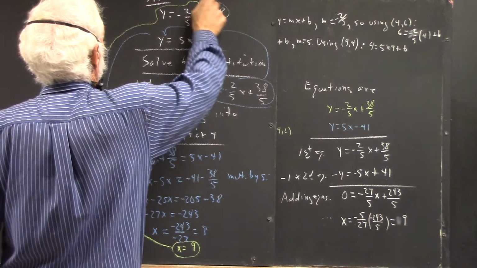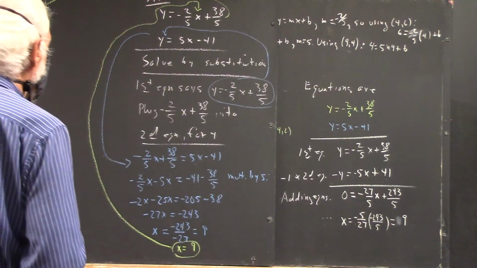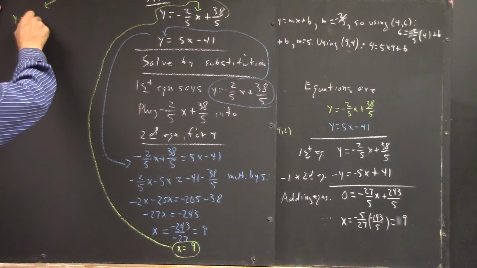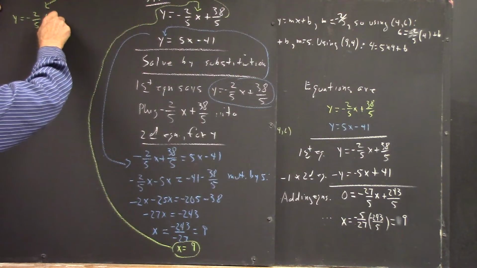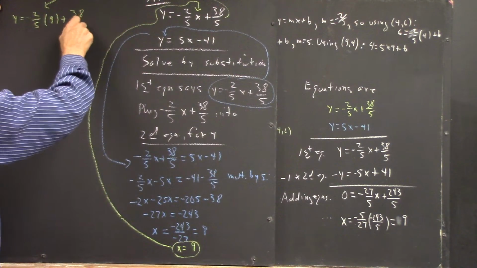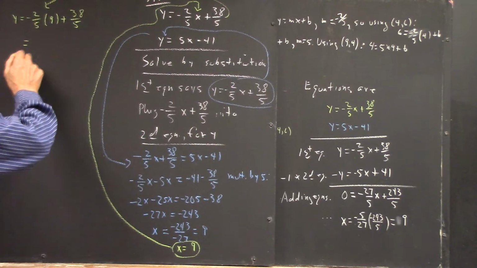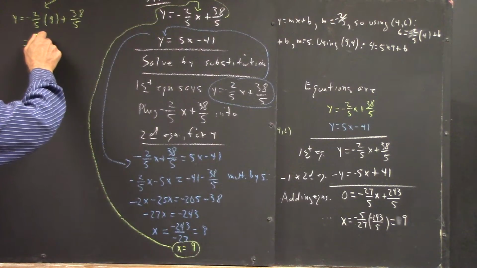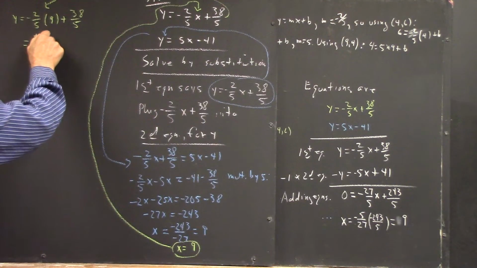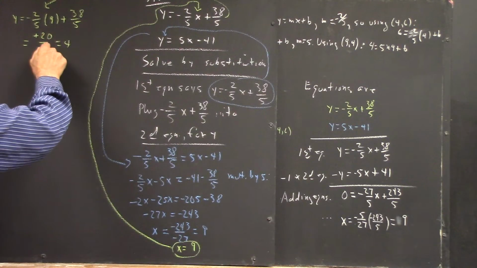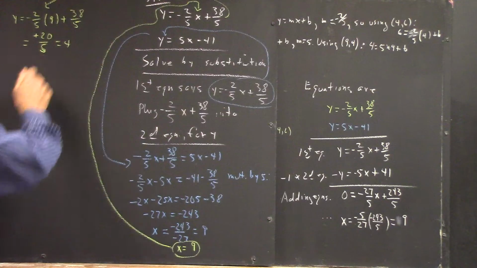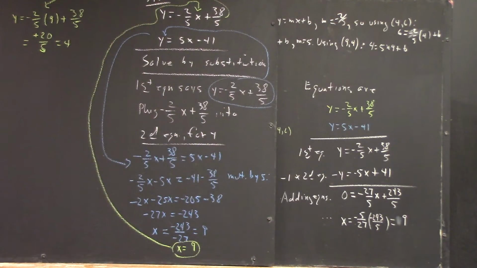And that gives us the equation y equals negative 2/5 of 9 plus 38/5, right? And that's going to be negative 18 and 38, gives us plus 20 over 5, which is 4, which is what I thought it was going to be when I looked over here. Okay? What I said a minute ago. So maybe I did the arithmetic correctly that time. Okay? Didn't mix anything up.